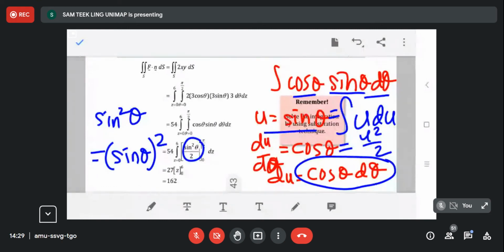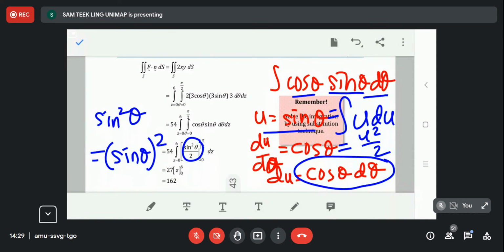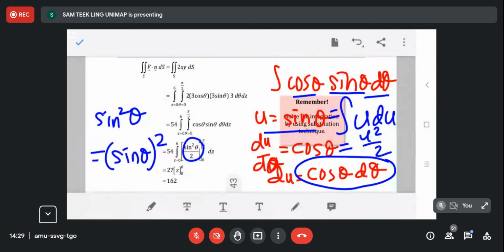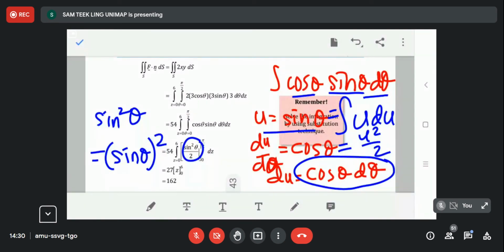In the XY plane, you can see from where to where. If it's the first octant, it's 0 to pi per 2. If the picture is a half cylinder, it's 0 to pi. If it is a full cylinder, that one is 0 to 2 pi. So your theta will change only according to the shape of your cylinder. Then your Z won't change. The question will already give you the limit from where to where.